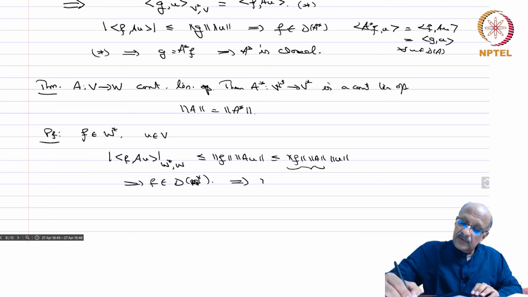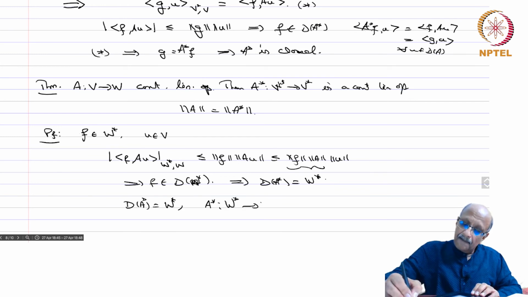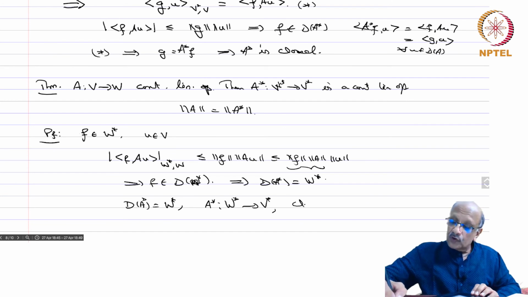So, this implies that D(A*) equals W*, and therefore A* is from W* to V*, and it is closed. That means its graph is closed, which implies A* is continuous by the closed graph theorem.